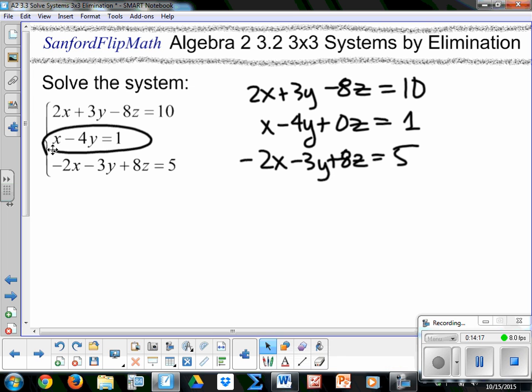Okay, so this is the system. I want to pick 2 equations to eliminate the same variable. Well, I already have z eliminated here. So maybe I should pick these 2 and eliminate the z. Because the cool thing about that is that I already have this one done, right? So I'm going to do that. Okay, so here we go.